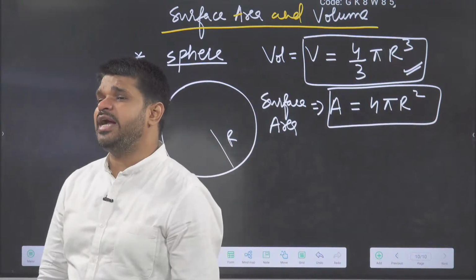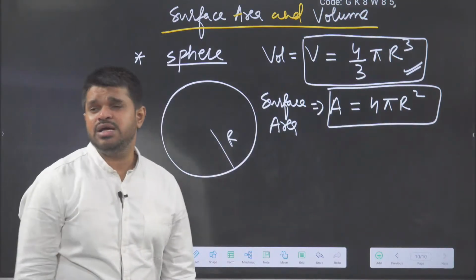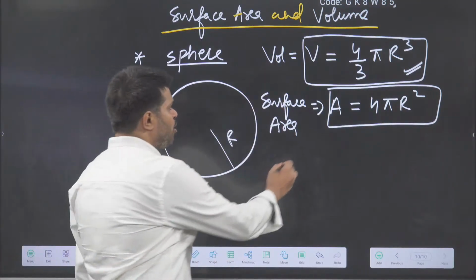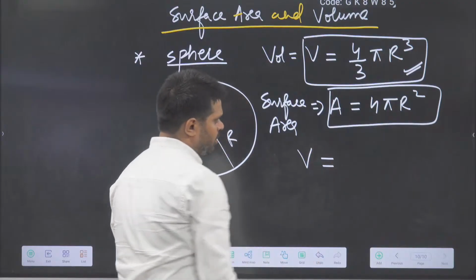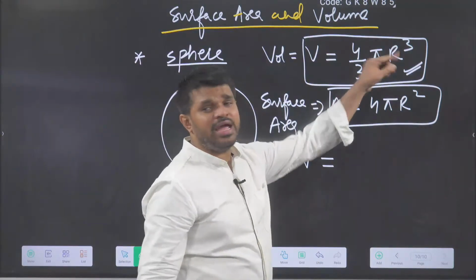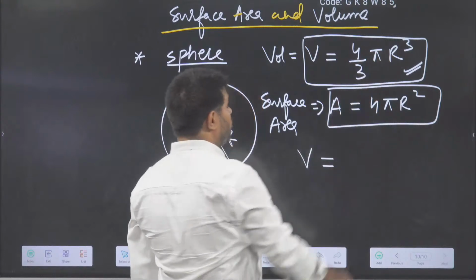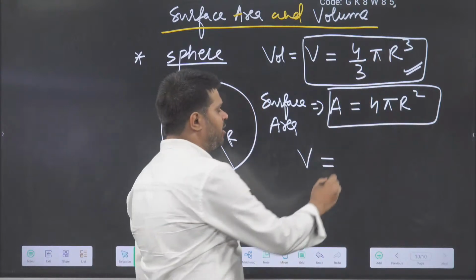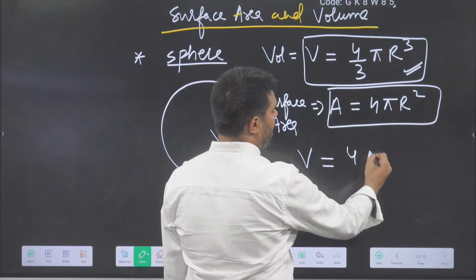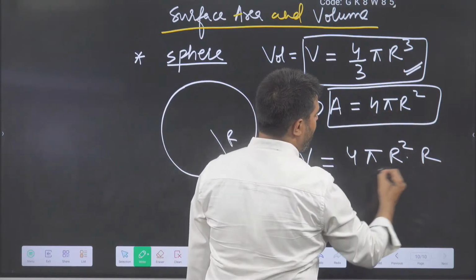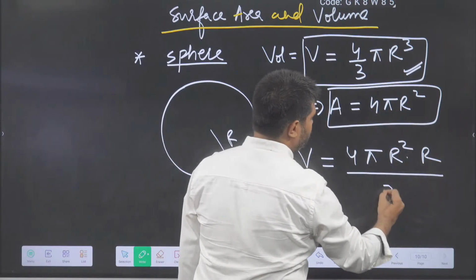I am going to write a relationship between surface area and volume. See how I am writing 4/3 pi r cubed. I am writing it as 4 pi r squared into r divided by 3.